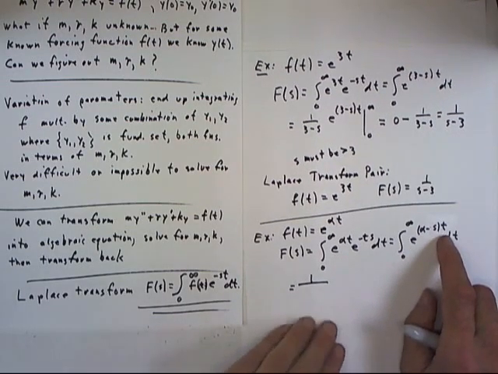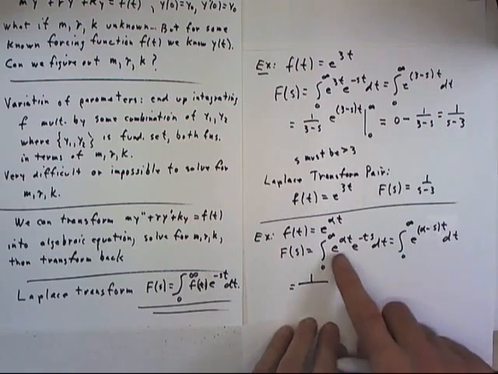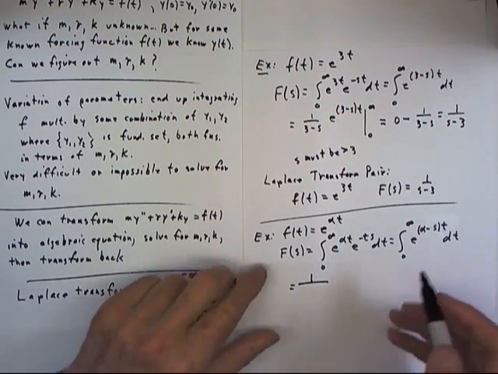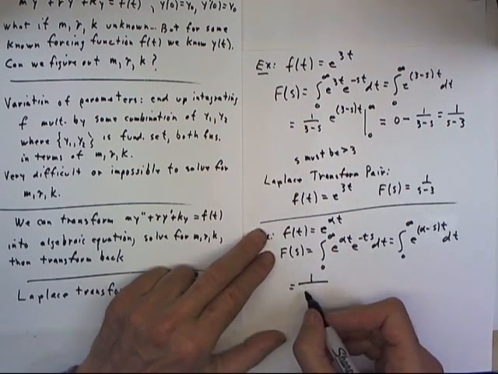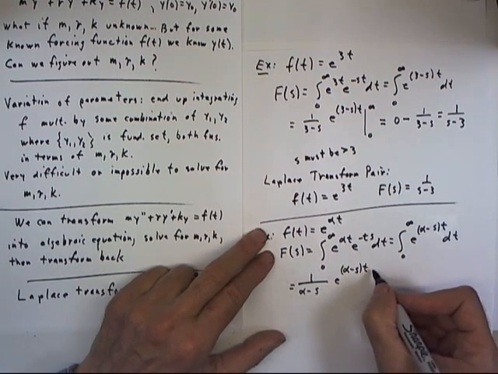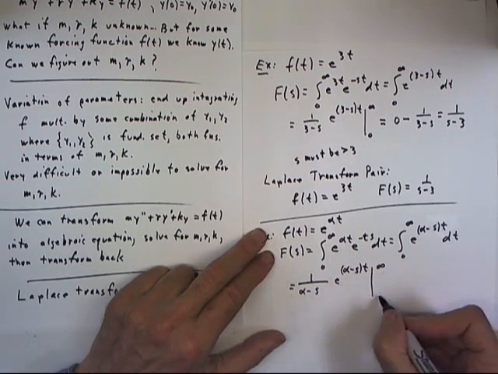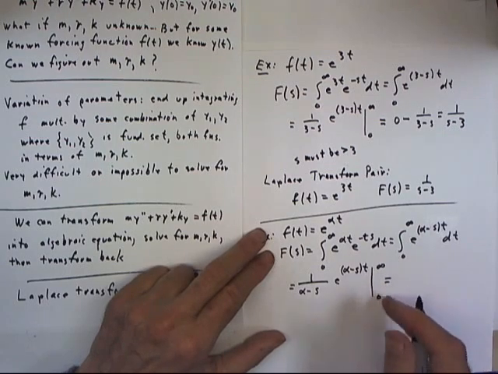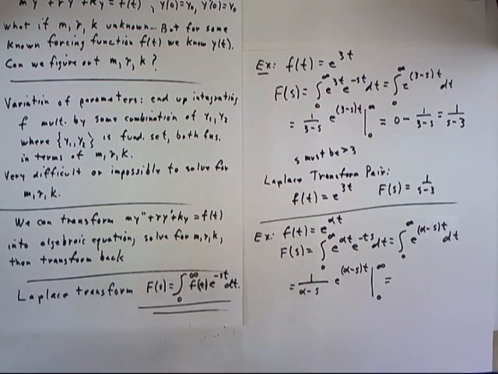It's e to the alpha minus s times t, and that's real obvious if you look at this correctly. So we get 1 over alpha minus s times e to the quantity (alpha minus s)t, changing that quantity between t equals 0 and infinity.